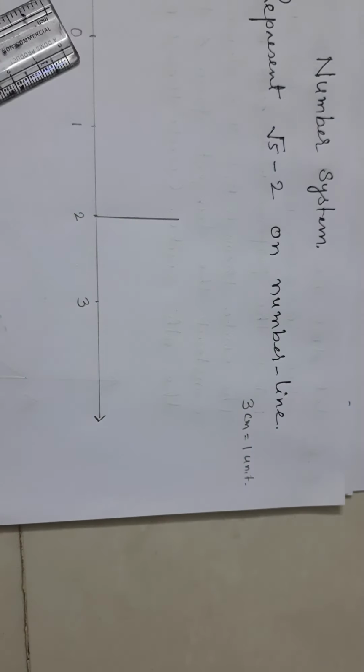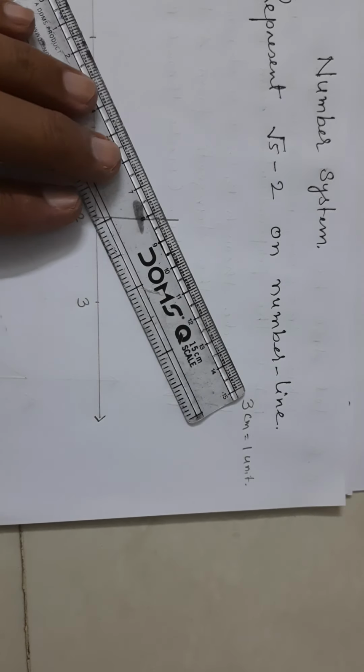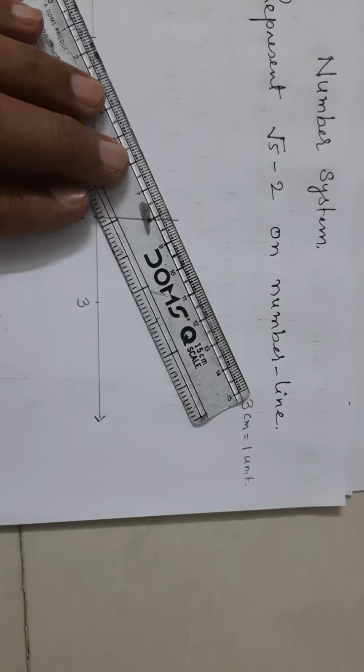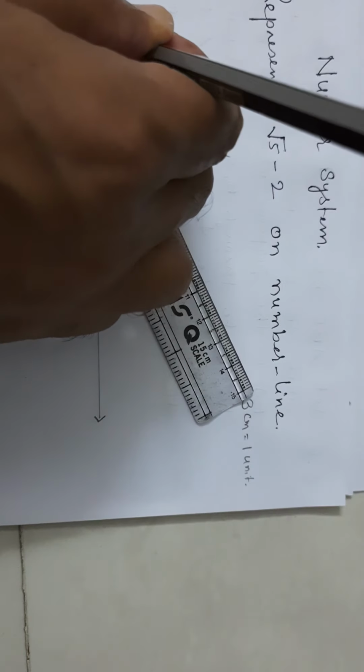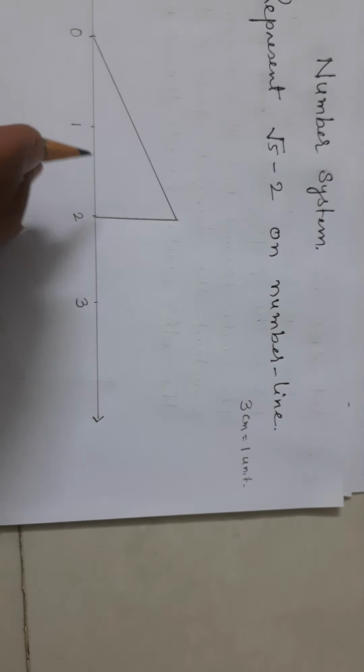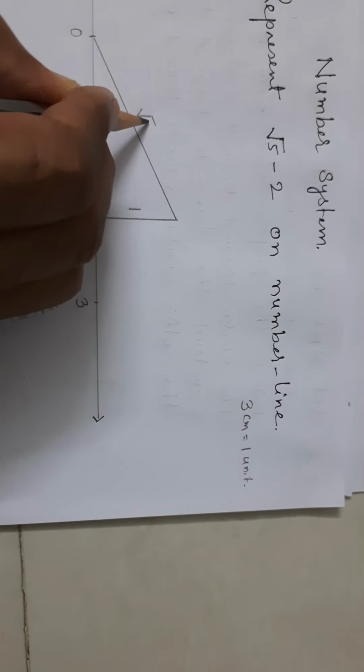So this is my 1 unit. This I join. So if this is 2, this is 1, obviously this is root 5.